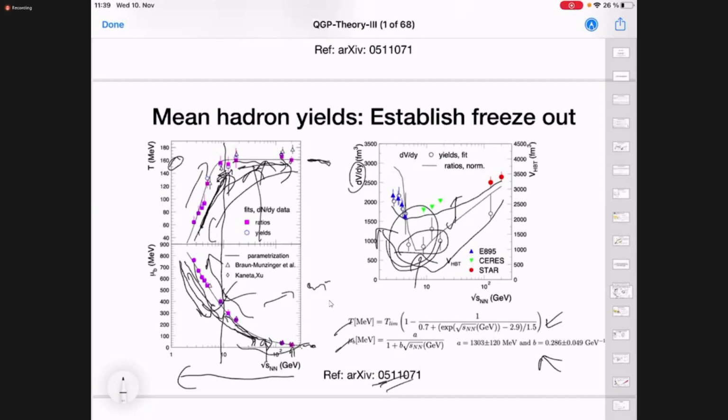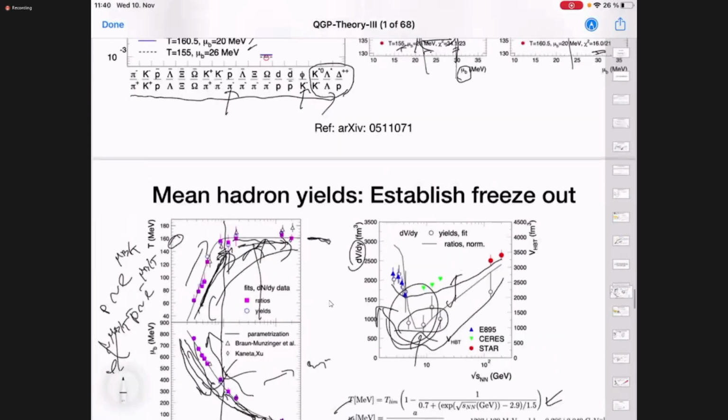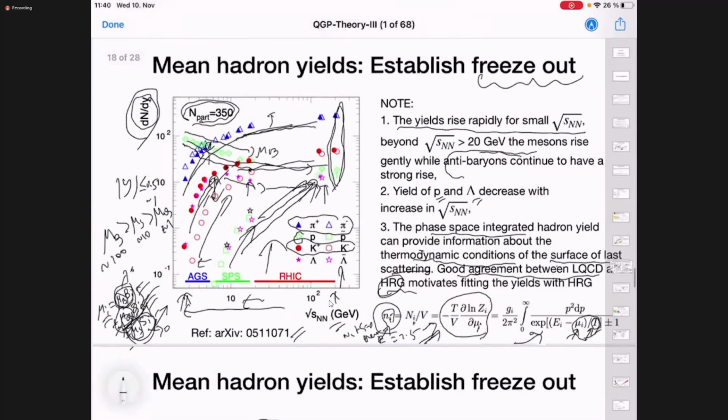Because proton is like e to the power mu b by T, whereas antiproton is like e to the power minus mu b by T, because the baryon number is -1. So the larger the baryon chemical potential, proton is enhanced, but antiproton is suppressed.